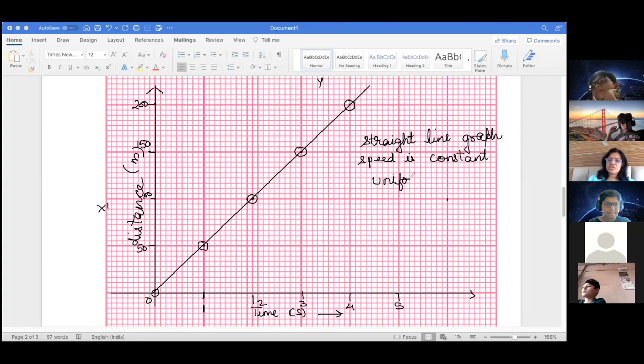When speed is constant, what does it mean? It covers equal distance in equal interval of time. Every 1 second, it is covering 50 meters, right? So this is the definition of uniform speed. What is uniform speed? When an object covers equal distance in equal interval of time. Every 1 second, this object is covering 50 meters, right? That you have seen. Every 1 second 50 meters, and in the next 1 second, 50. So this is uniform speed and you will get an inclined straight line.